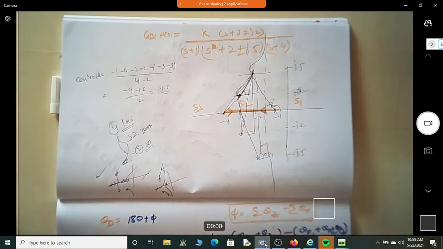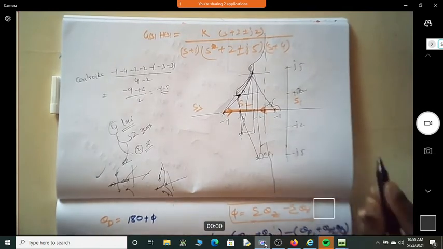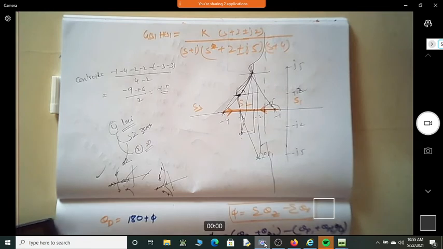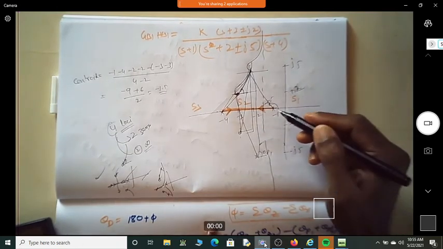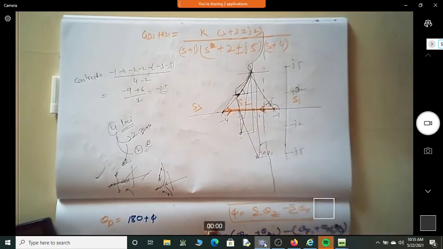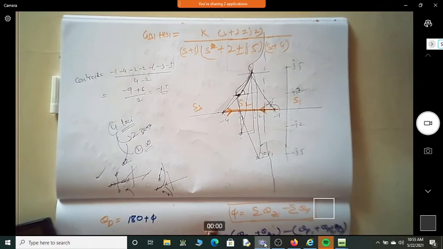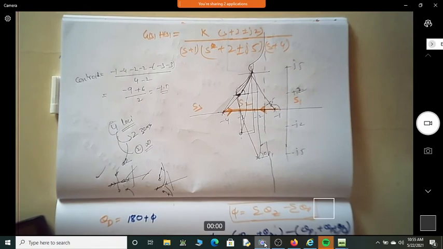What is that angle? Plus, is it actually 180 minus tan inverse of, how much is this height? 5, no? 5, and this is 1. Tan inverse of 5. Correct? Then give me this angle.